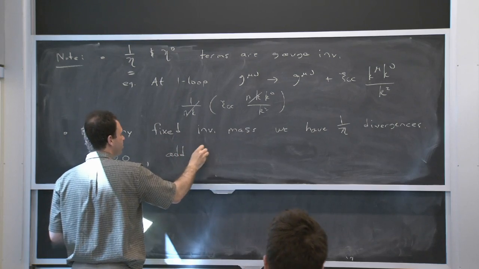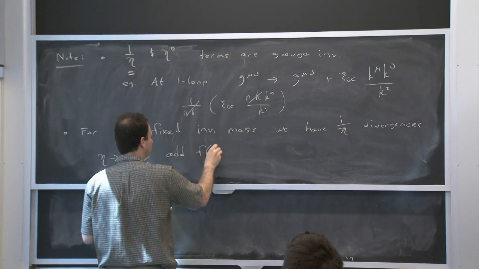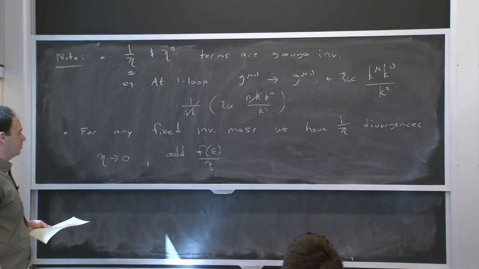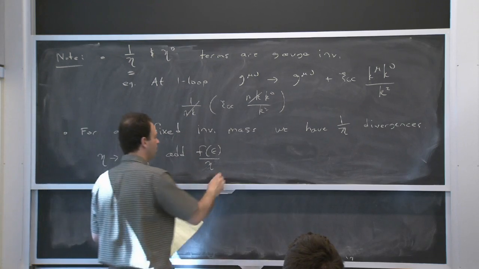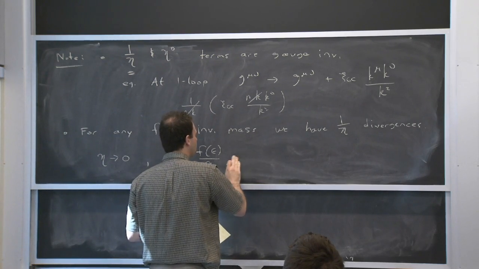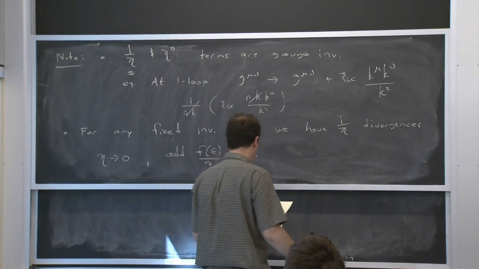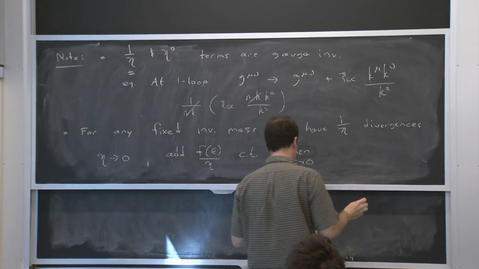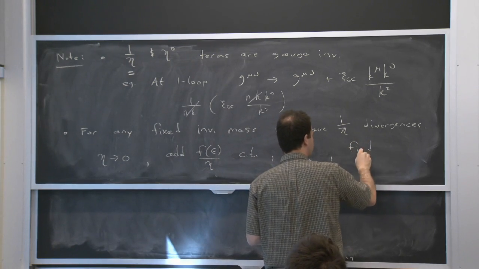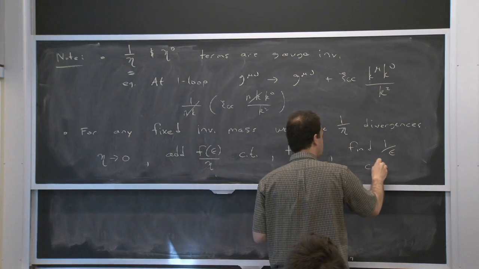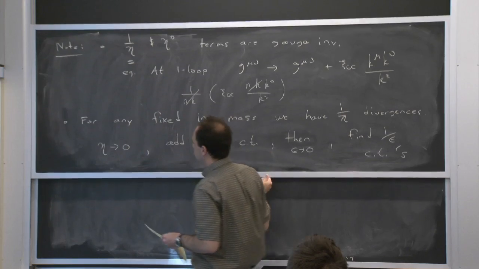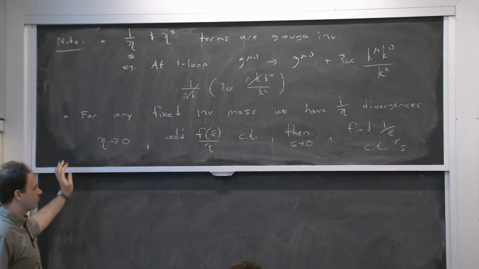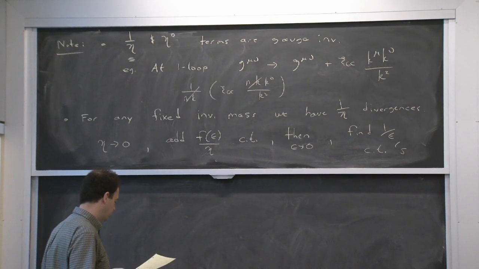In order to deal with them, because you can have them for any invariant mass, you actually have to add counter terms that can be a whole function of epsilon, where you haven't expanded in epsilon and then divided by eta. So let me abbreviate counter term as CT. Then, after you've done that, you take epsilon goes to 0, and you find your 1 over epsilon counter terms. Okay, and this is the correct way of doing it. And we'll see how that works in practice in a minute.